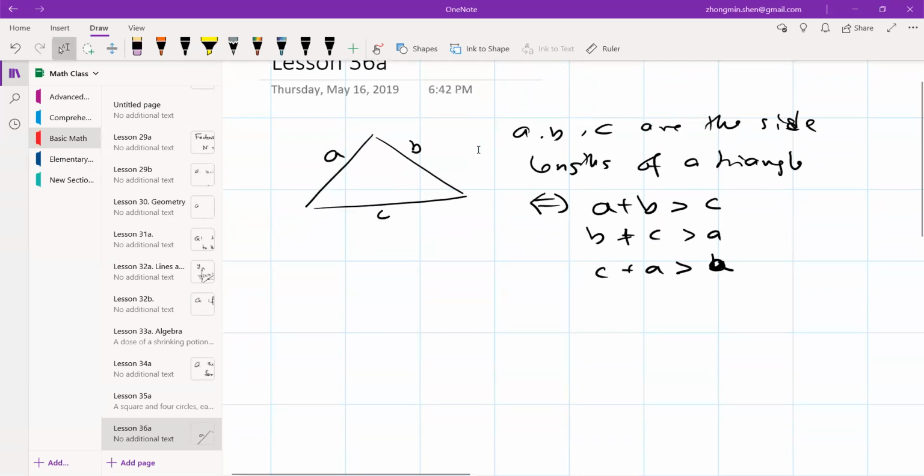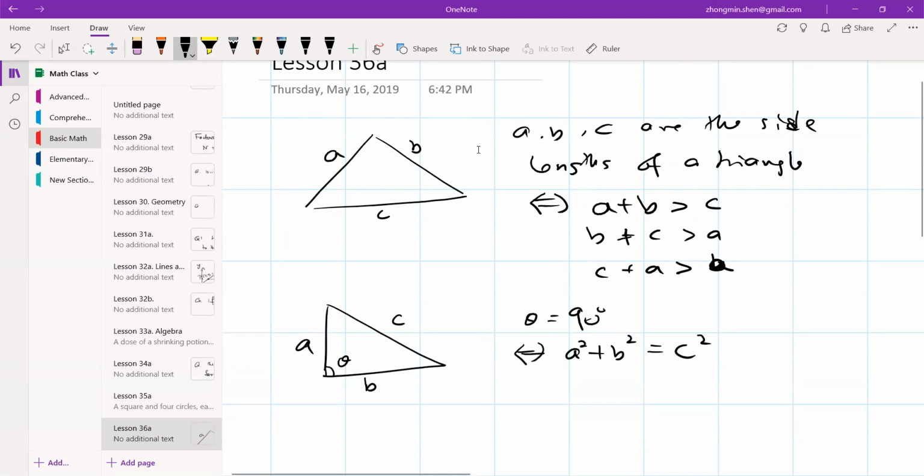The second thing we need to know is the Pythagorean theorem. If the triangle has three sides A, B, C, and this is the angle theta, the angle is going to be 90 degrees, meaning a right triangle, if and only if A squared plus B squared equals C squared.